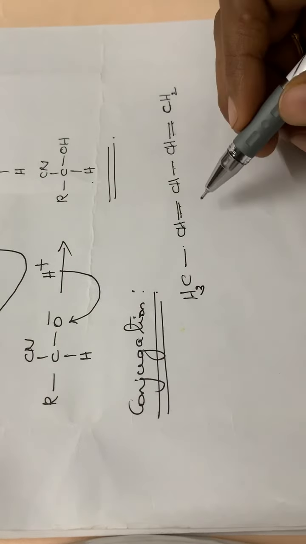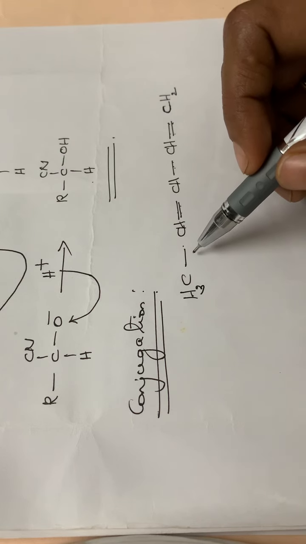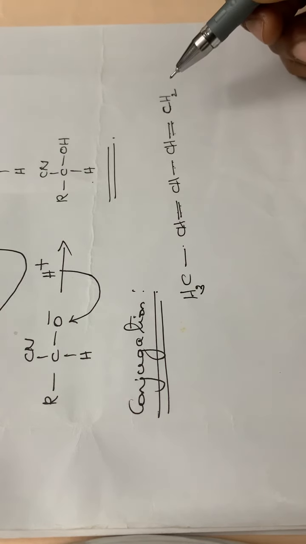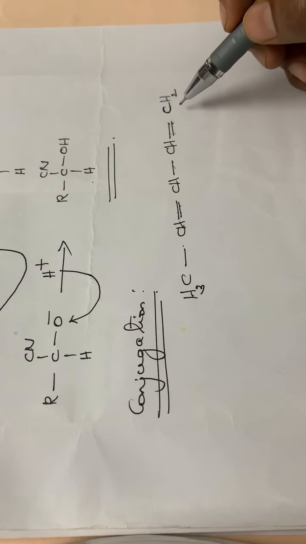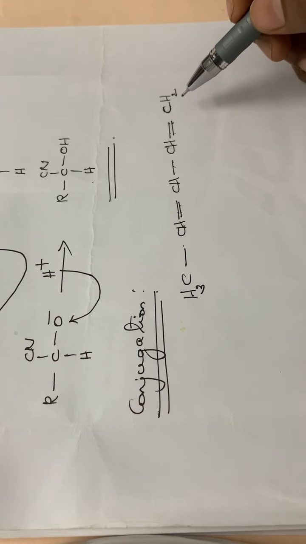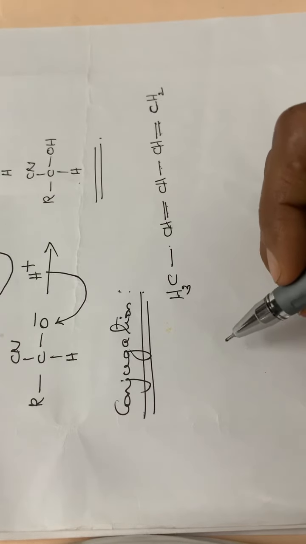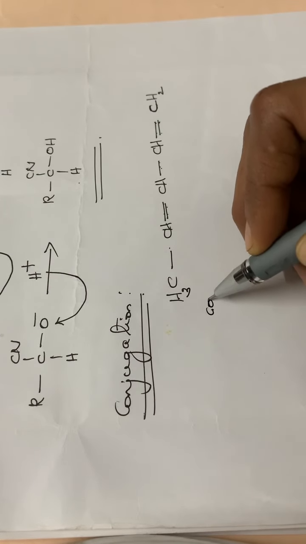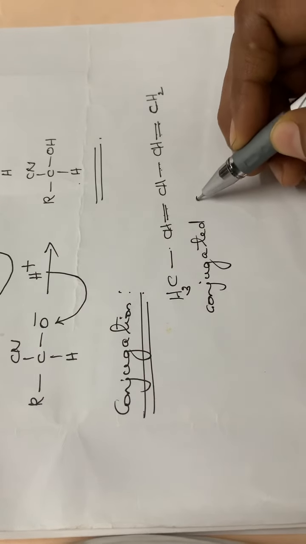So what is the peculiarity of this compound? This compound has alternate single and double bonds, isn't it? Compounds having alternate single and double bonds we can call conjugated compounds or conjugated molecules.